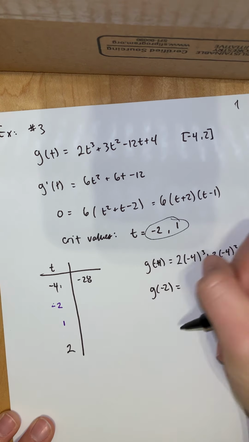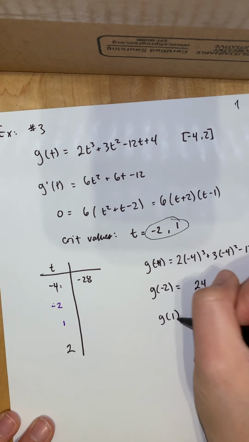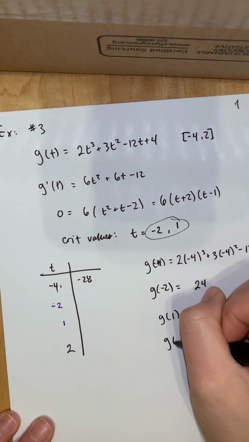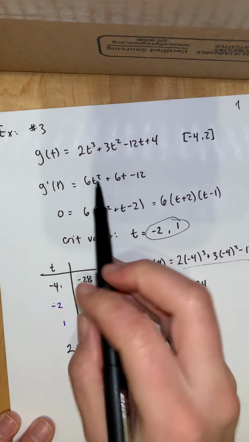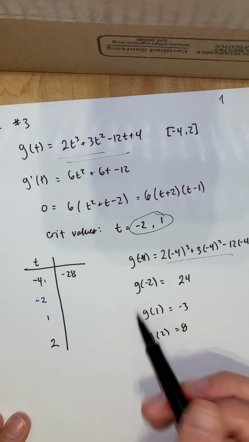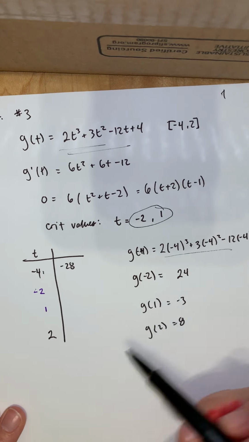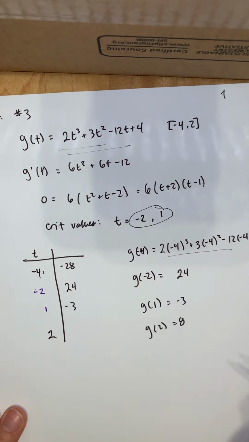G of -2 equals +24. G of 1 equals -3. And g of 2 equals 8. And again, I'm just plugging these all into my original function up here. Okay. So, that being said, I have a 24 here, a -3 here, and an 8 down here.